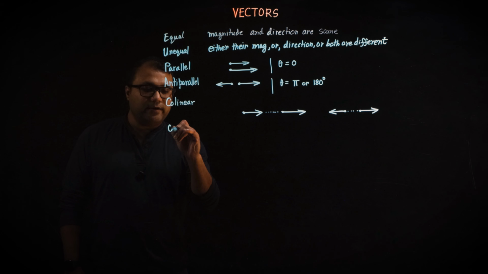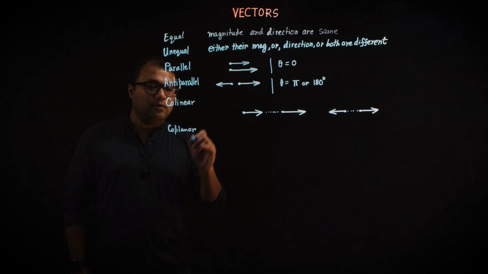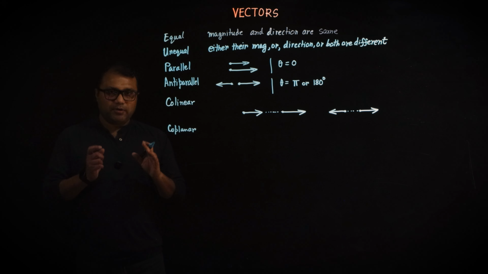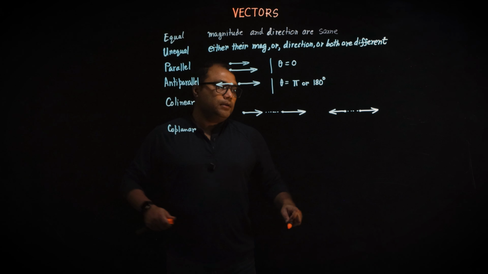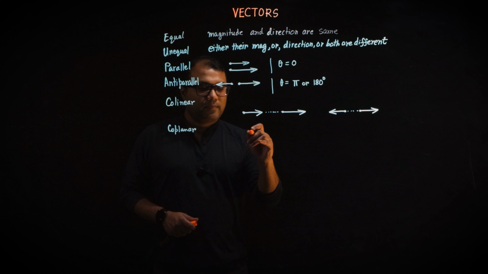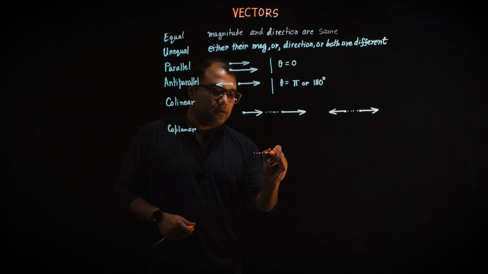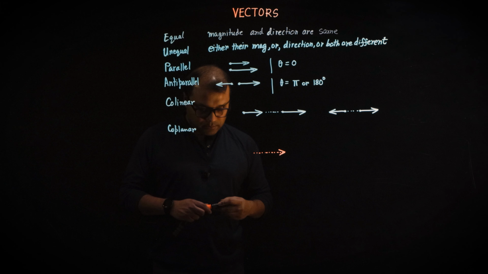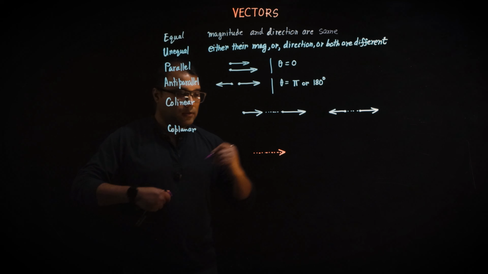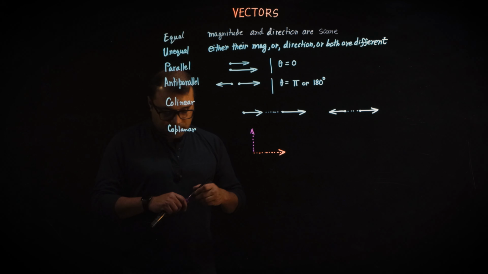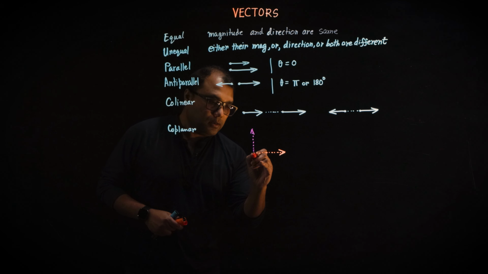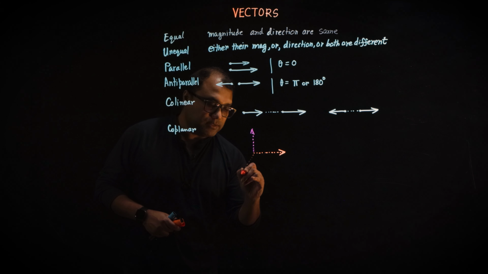Next is coplanar vectors. For this one, you will have to imagine 3D a little bit. So let's say this is my x-axis, this is my y-axis, and this is my z-axis.